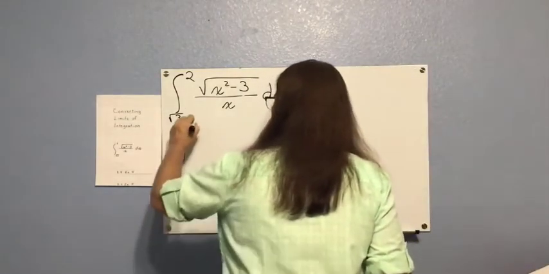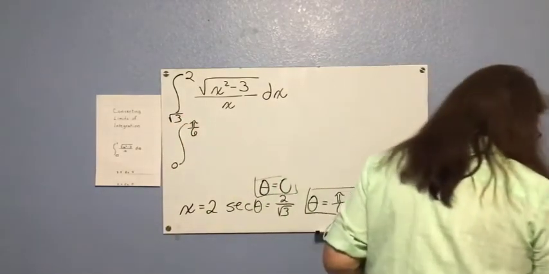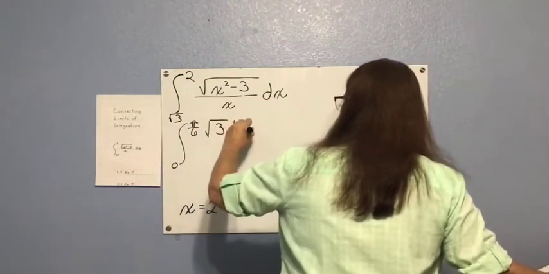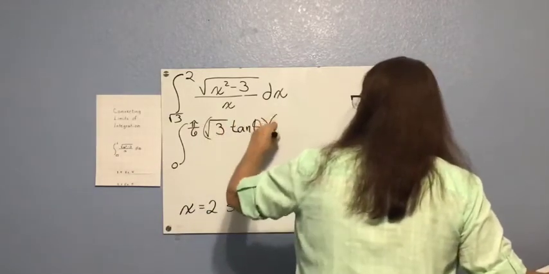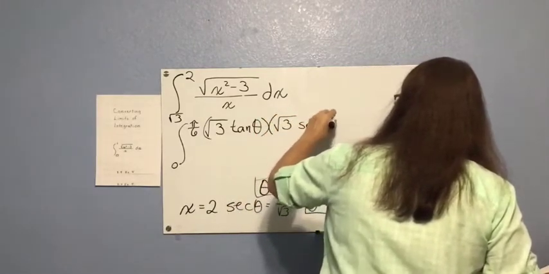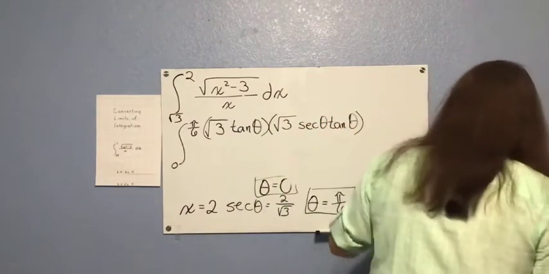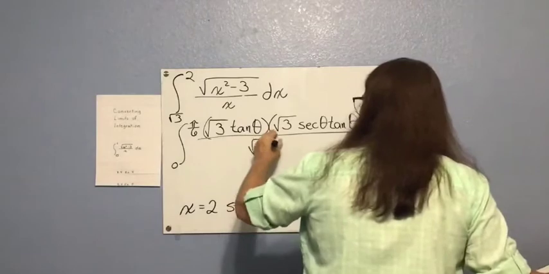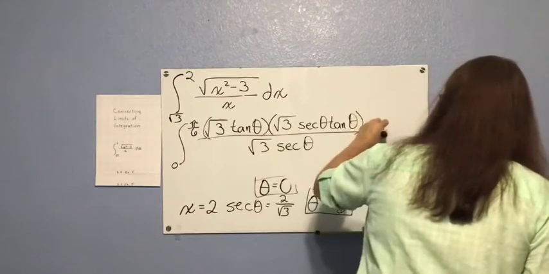So I go from 0 to pi over 6, square root of 3 tangent theta times square root of 3 secant theta tangent theta over square root of 3 secant theta d theta.